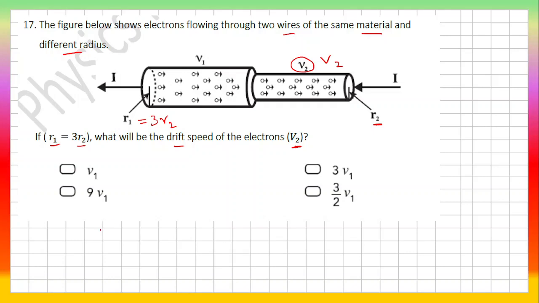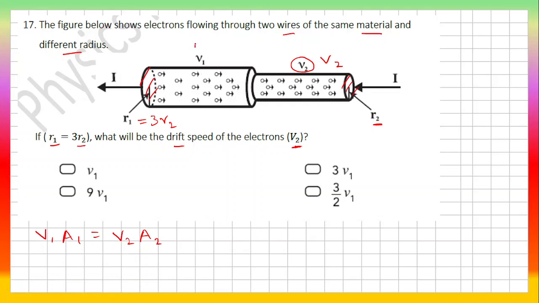So here we are going to apply something that we can get from even fluid flow. If you multiply the drift speed V1 with the cross-sectional area, this area, I'll call it A1, you should get V2 multiplied by A2. Yes, the cross-sectional area of this one multiplied by the drift velocity V2.